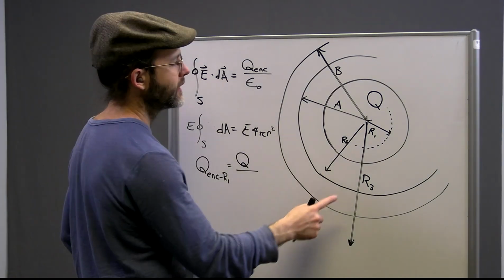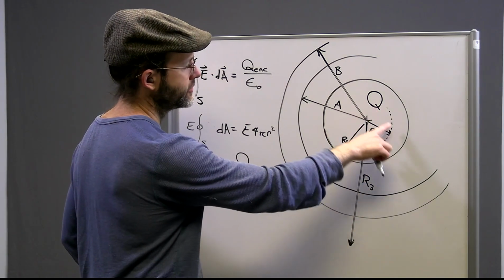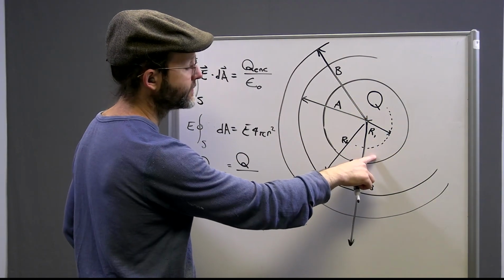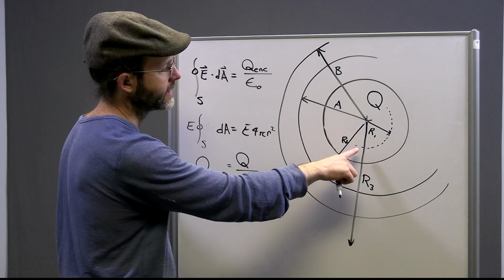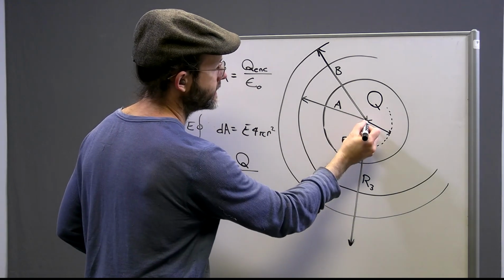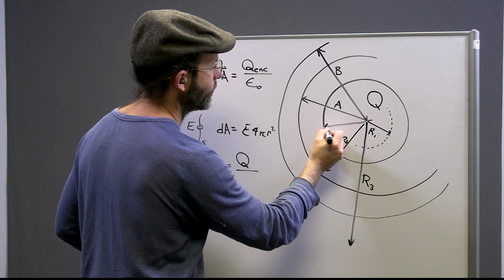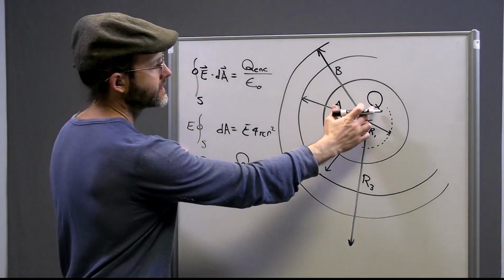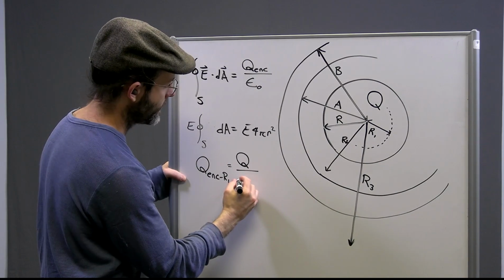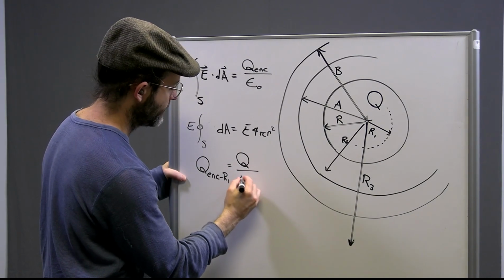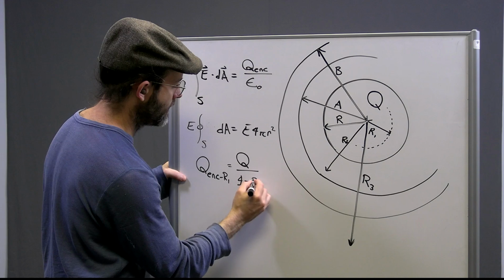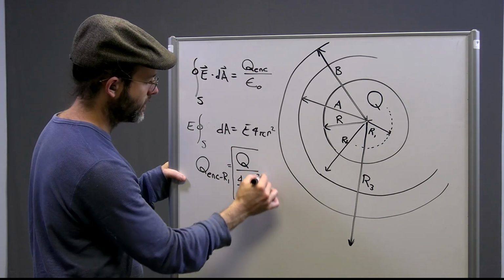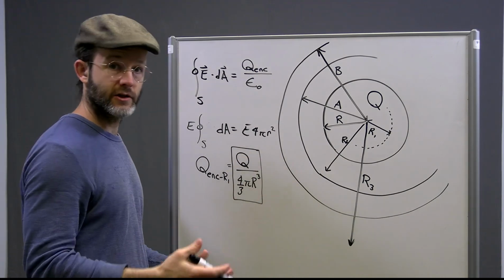So we have some total amount of charge Q in the total spherical volume of this inner sphere. Now I haven't given that a radius, so I'm going to label that radius capital R. If we say that there's a total amount of charge Q in 4/3 pi R cubed volume, then this overall quantity can be thought of as a charge density.